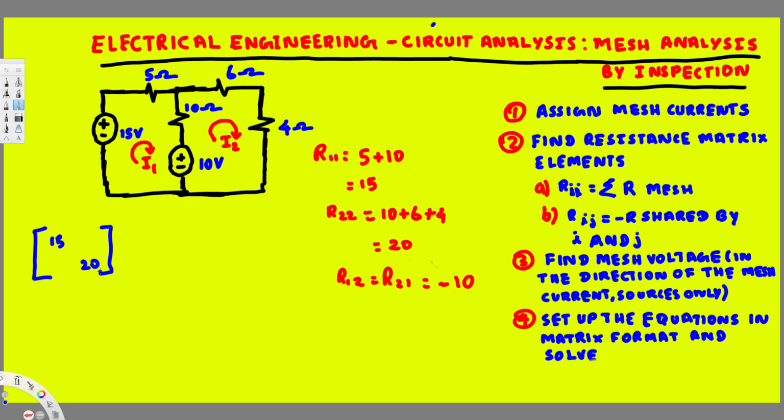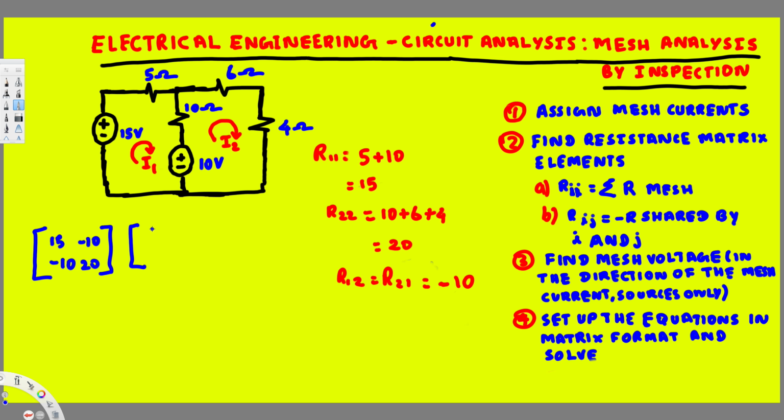So this is the diagonal, and no matter how many meshes you get, always it is going to go like this in this diagonal. Now in the first row second column this is going to be negative 10 right here, and also negative 10 in the second row first column, like this, right?